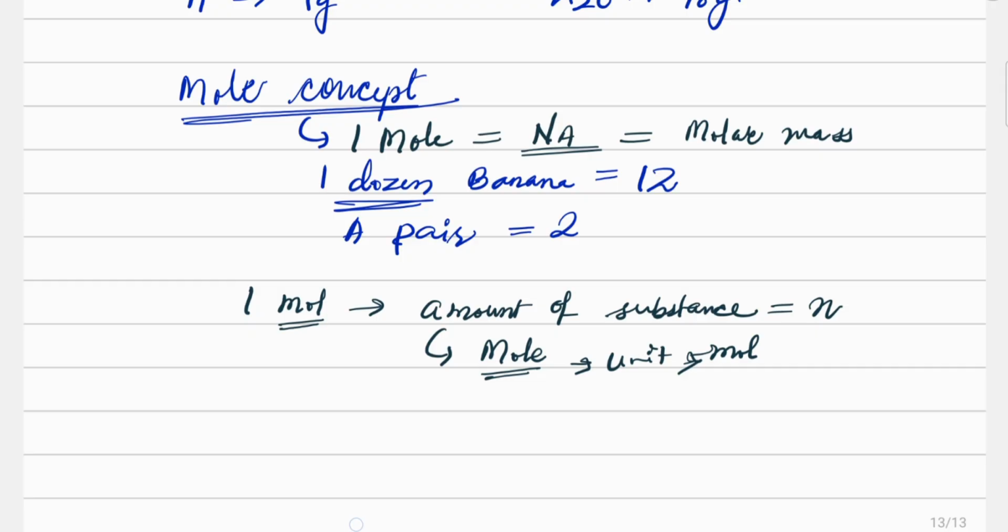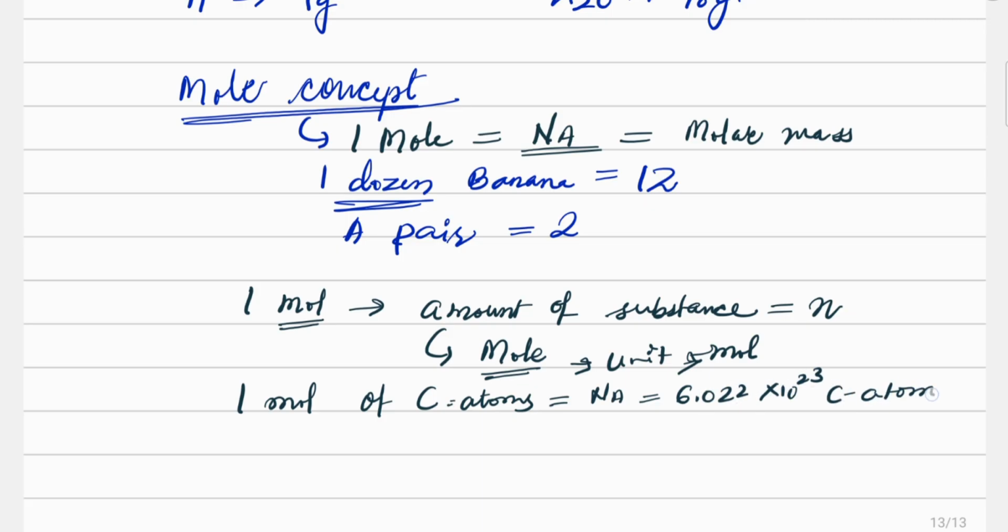Suppose I have given you 1 mole of carbon atoms, so that means Avogadro's number, which is 6.022 into 10 raised to power 23 carbon atoms. And what will be the mass?